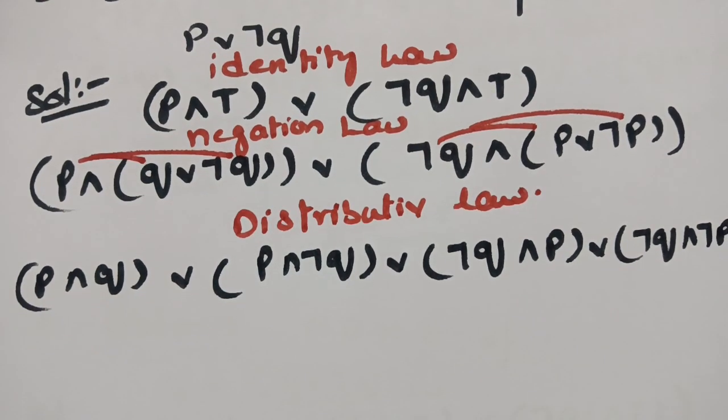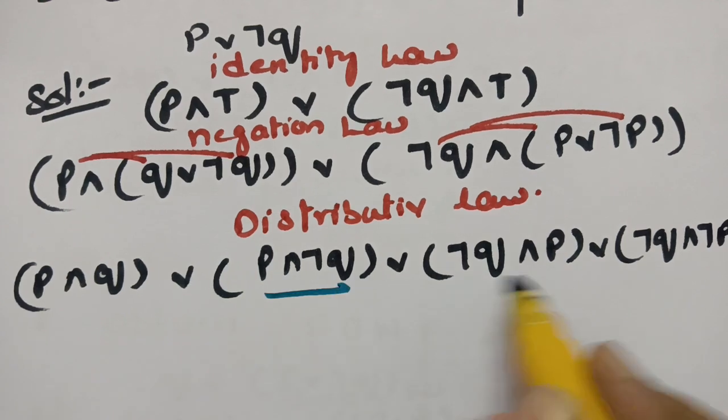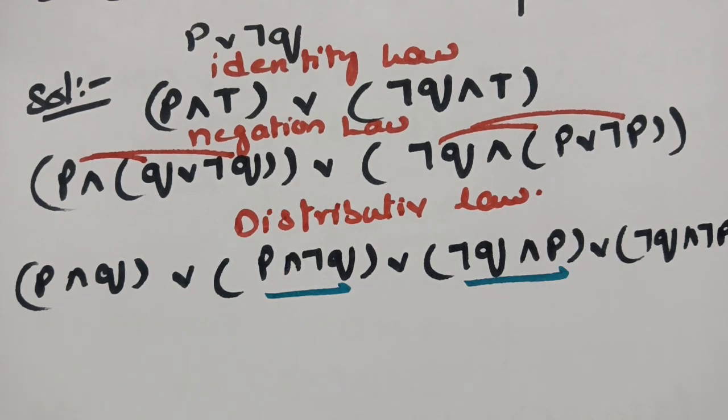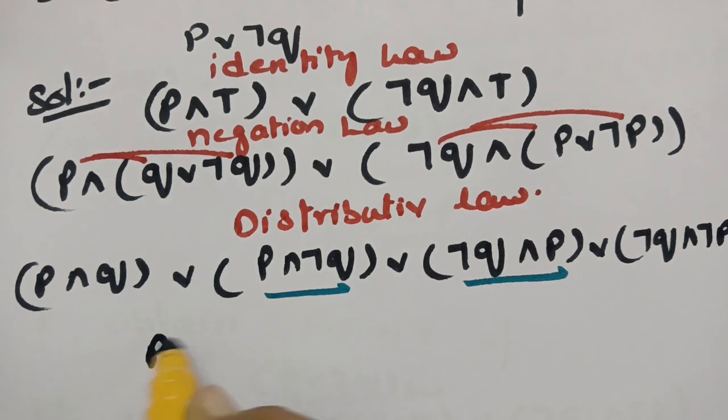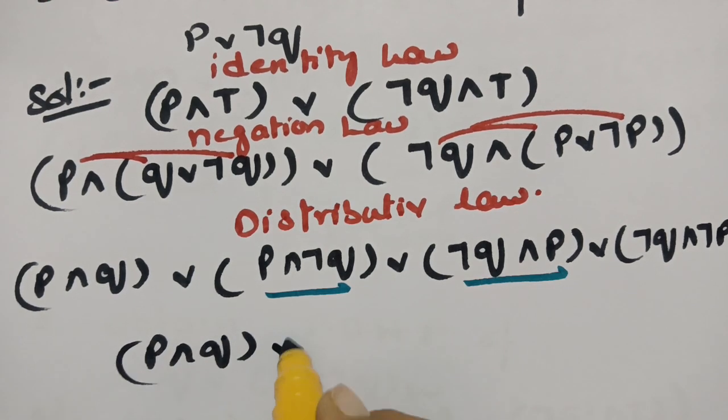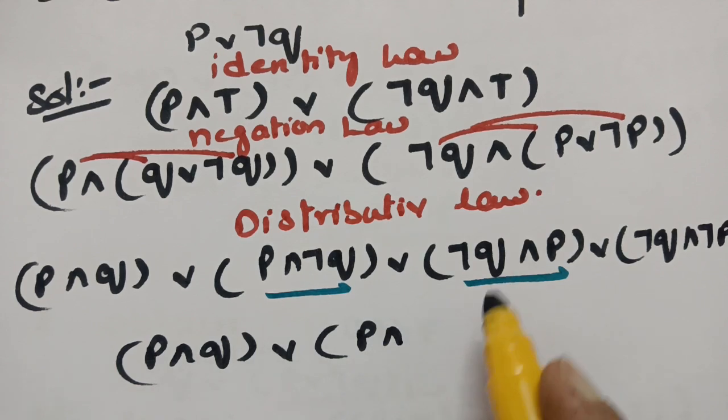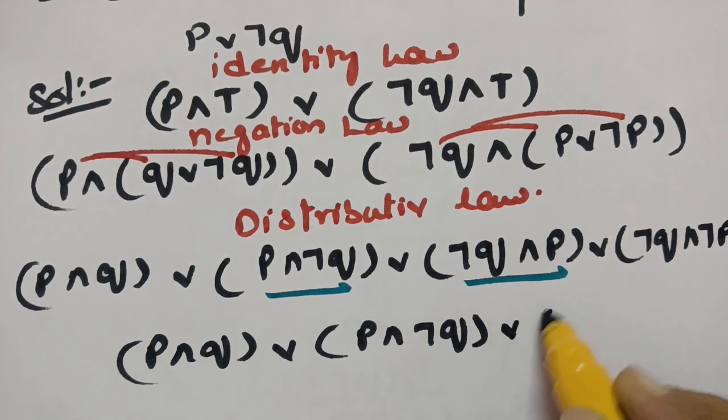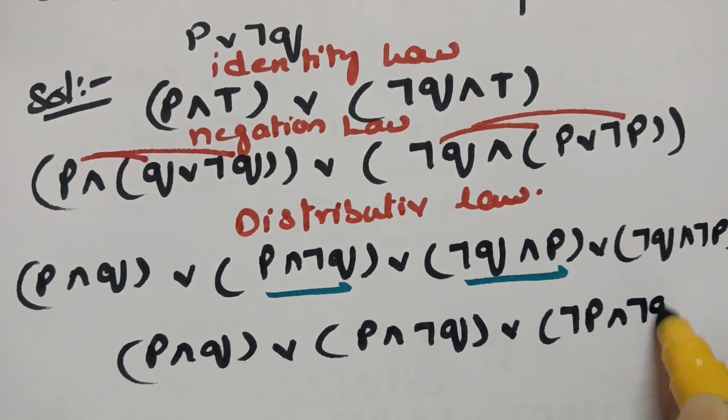And are there any repeated terms? Yes, there is P and negation Q here, and there is P and negation Q here. So I am going to use the idempotent law. Instead of writing two times, I am going to write one time, that is P and Q, or this is P and negation Q, or this is negation P and negation Q.